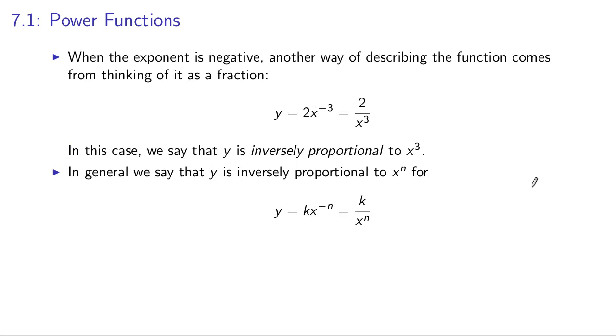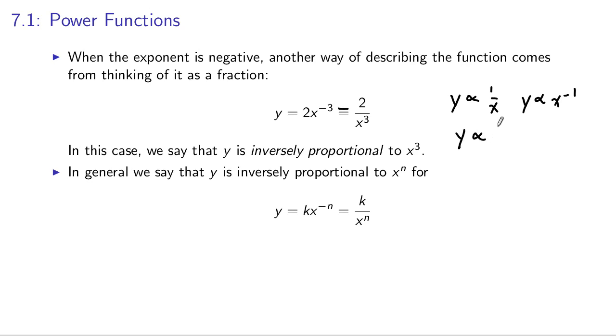When the exponent of a power function is negative, we often describe the function as a fraction. Instead of writing the negative exponent, we would write 2 over x cubed, which is equivalent. And in this case, we say y is inversely proportional to x cubed. If I say y is inversely proportional to x, that's the same as saying y is proportional to x to the negative 1.